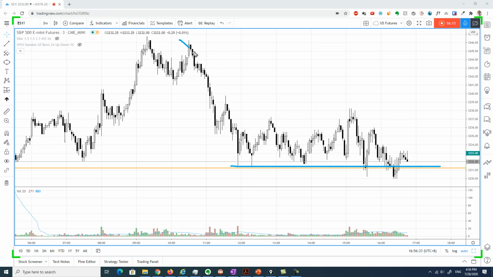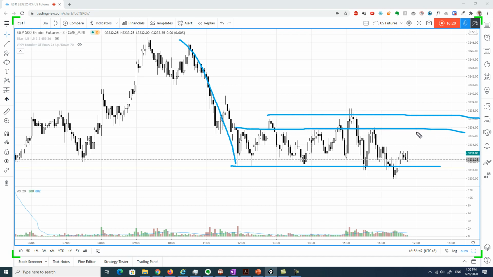As we can see, there is a downswing or reaction here, followed by this trading range here. Until we get a resolution out of this range, I think there's nothing to trade here, because you can see that the spread here is only about 5 points.